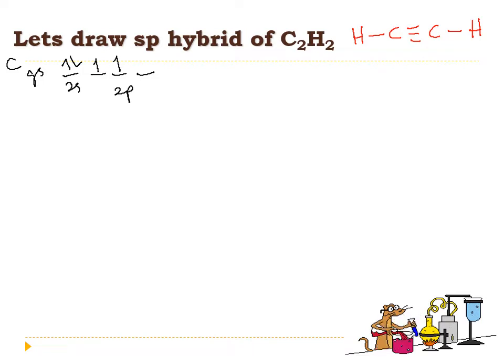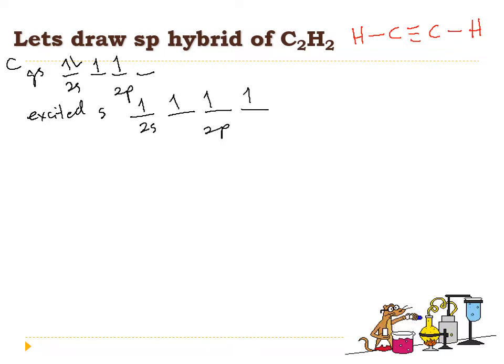And then for the excited state, what happens when carbon is given enough energy to combine and to form covalent bonding with another carbon and 2 hydrogens, you would find that the electrons will be excited to all the orbitals of 2s and 2p in a single spin.